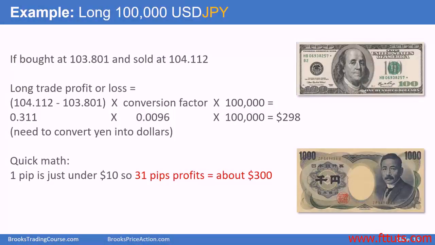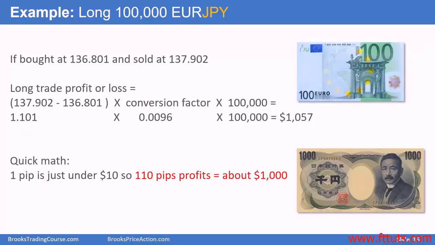Another example, let's say you bought 100,000 units of the dollar versus the yen at 103.80, and you sold it at 104.11. If you did the conversion, you had 31 pips profit, and that would be about a $300 profit.